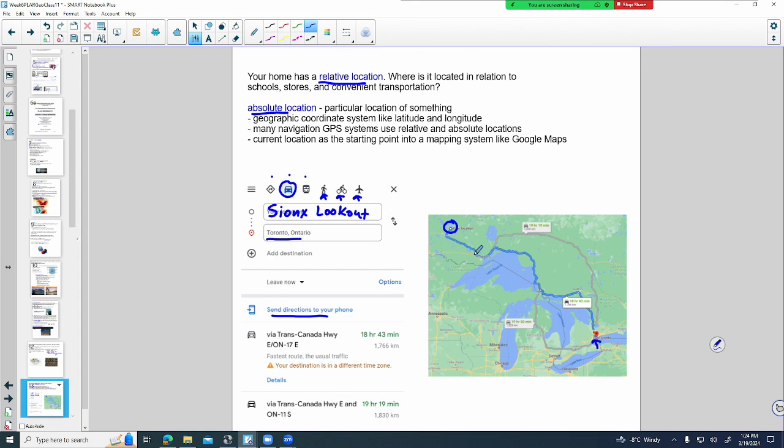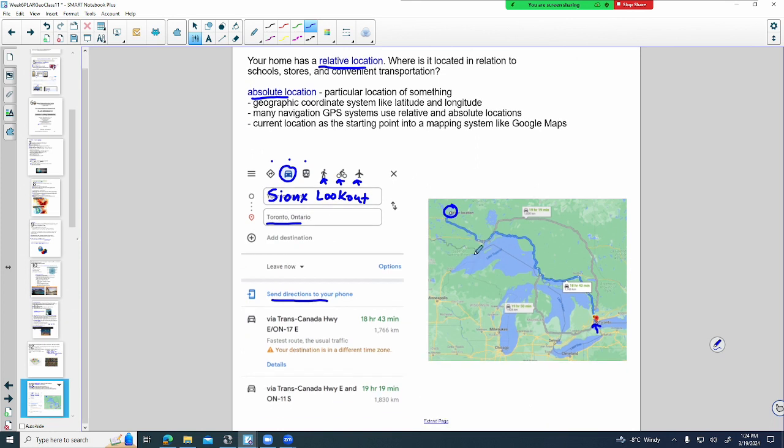So according to Google Maps, from Sioux Lookout to Toronto, it gives me the fastest route, taking Highway 17. It's 18 hours and 43 minutes, or 1,766 kilometers.